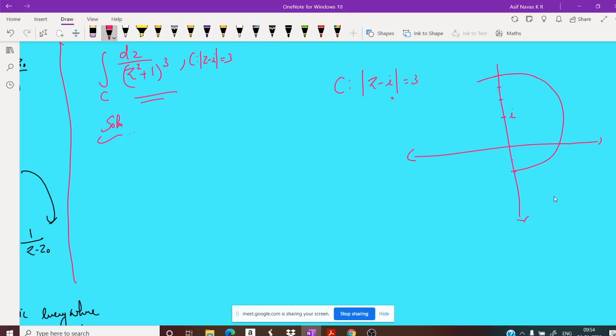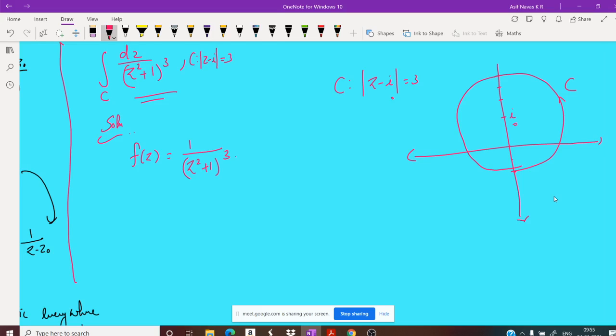Okay, so this is our C. C is a circle with center i and radius 3. Now here we have f of z of the form 1 by z square plus 1 all cube.